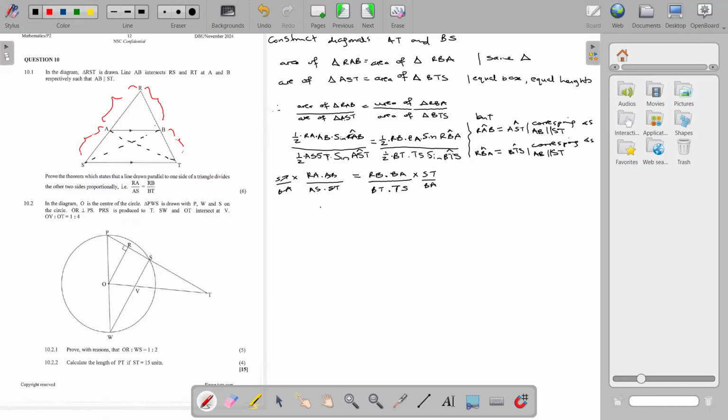We are left with RA over AS being equal to RB over BT, because the BA here will cancel with the BA here, and TS is the same as ST. It's proven.